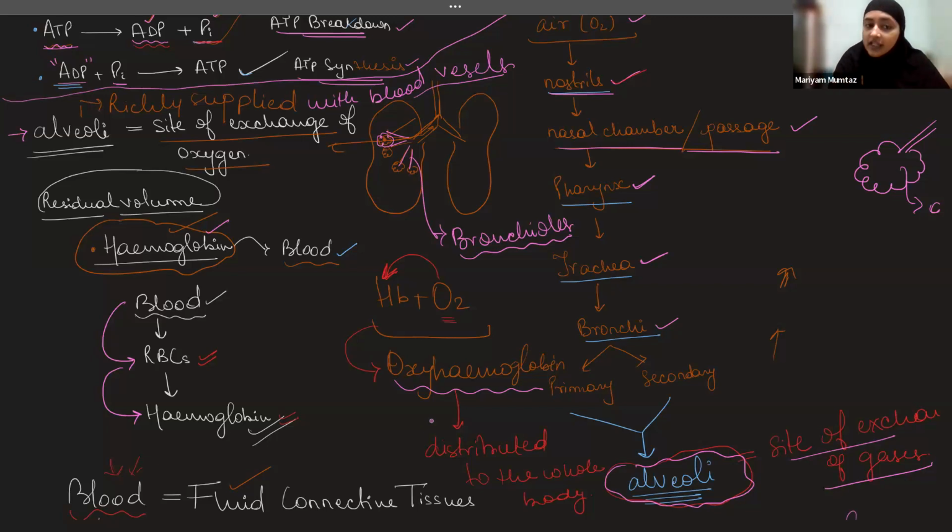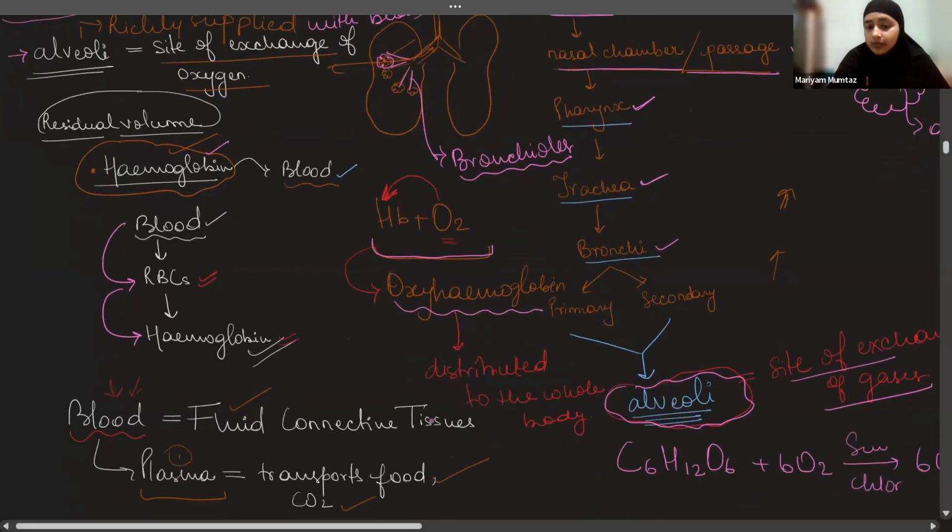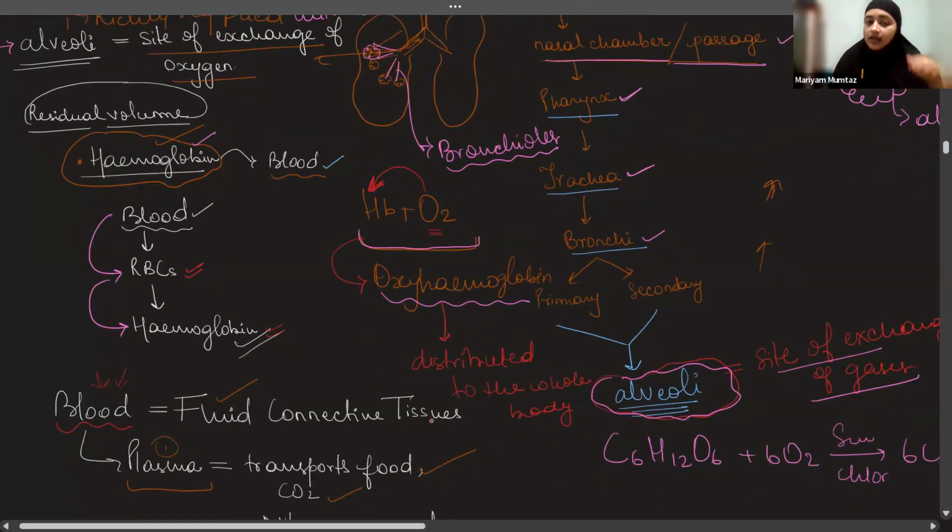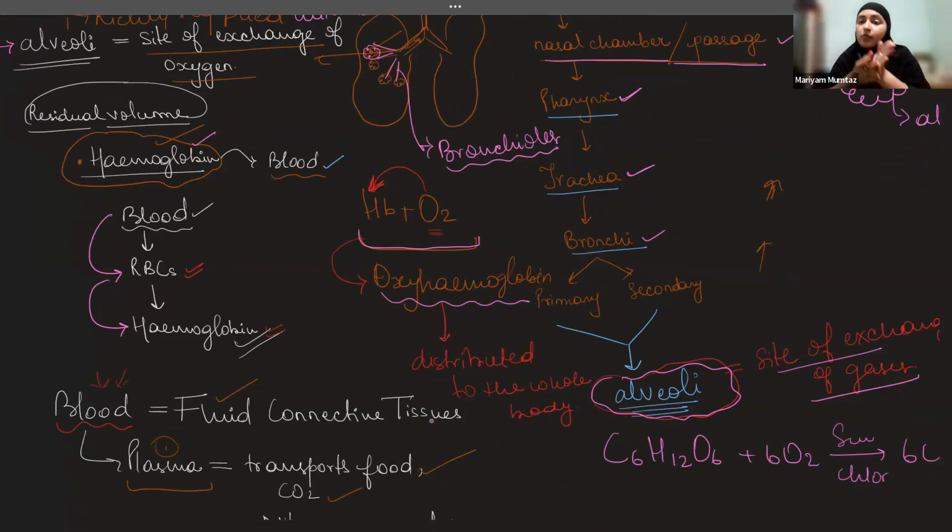Because of the presence of hemoglobin. The oxygen that is taken in binds with the hemoglobin and forms oxyhemoglobin. And then this oxygen, in the form of oxyhemoglobin, is distributed to the whole body.